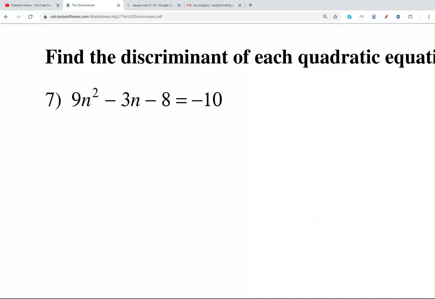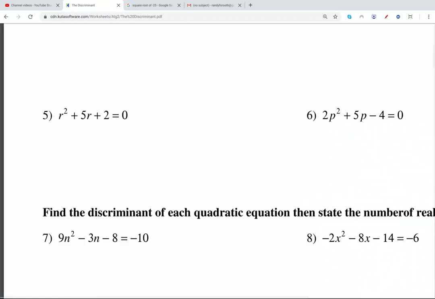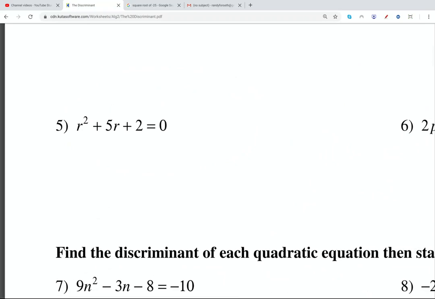Before you find the discriminant, you need to do what? You need to move the 10, right? Because we want a 0 on the right. So you would do plus 10, simplify, and then you could find the discriminant, which I'll show you how to do right now. Some problems I give you possibly will already have it in the form we want, in which case you can go directly to finding the discriminant. The key is we always want ax squared plus bx plus c, okay?